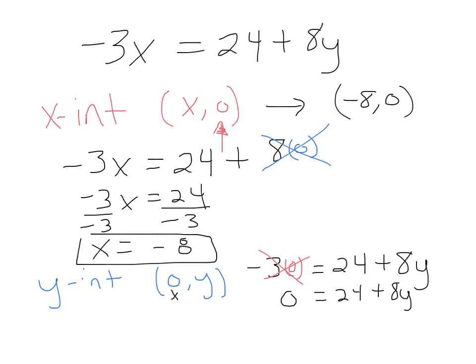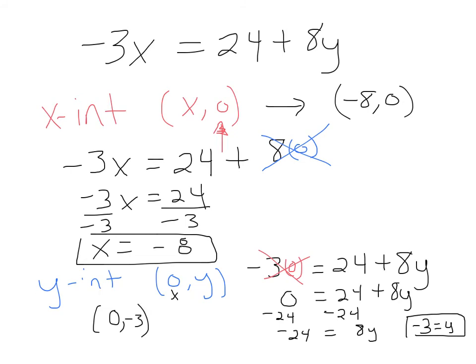But you need numbers on one side, variables on the other. We need to get rid of this positive 24 by adding a negative 24 on each side. So you have the statement -24 is equal to 8y. If you divide by 8 on each side, you'll see that y is worth -3. And you can make the statement (0, -3). That's the y-intercept.